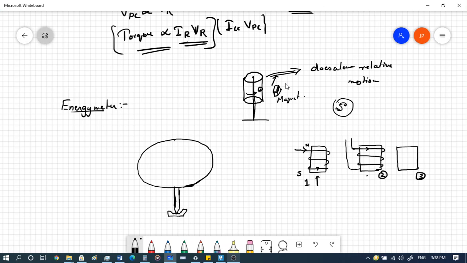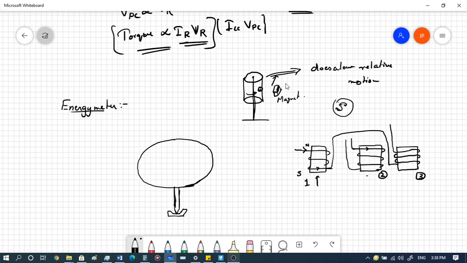The wire coming out from 1 is joined to magnet number 3 in the opposite direction, which means it will have a phase difference of 180 degrees with respect to 1, right?